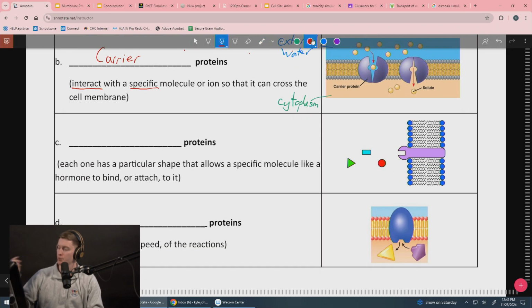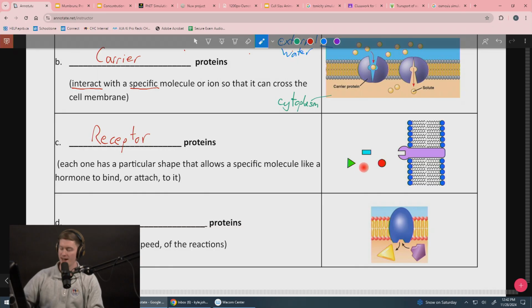We also have receptor proteins. That's supposed to be an E as our second letter here. Hopefully you're going to notice a theme here, that each receptor protein has a particular shape that allows a specific molecule, like a hormone, to bind or attach to it.